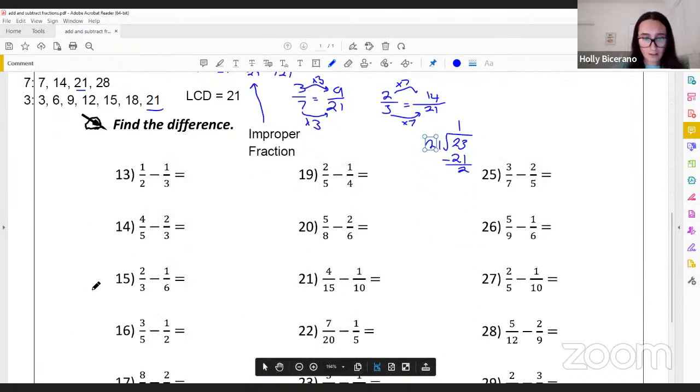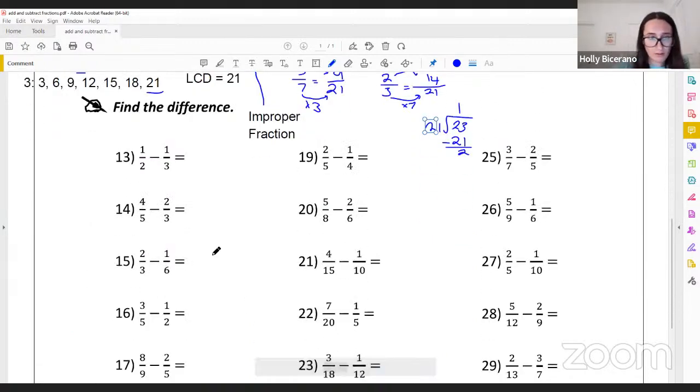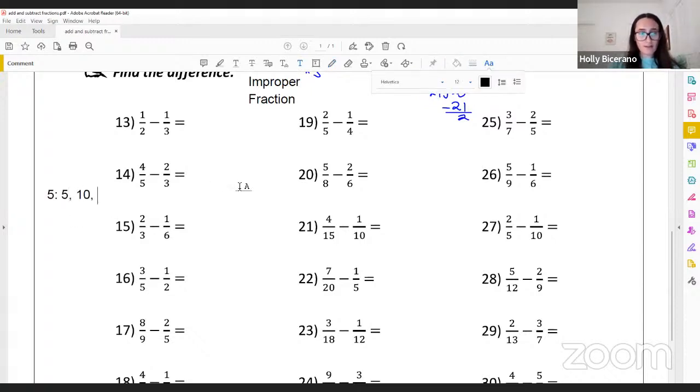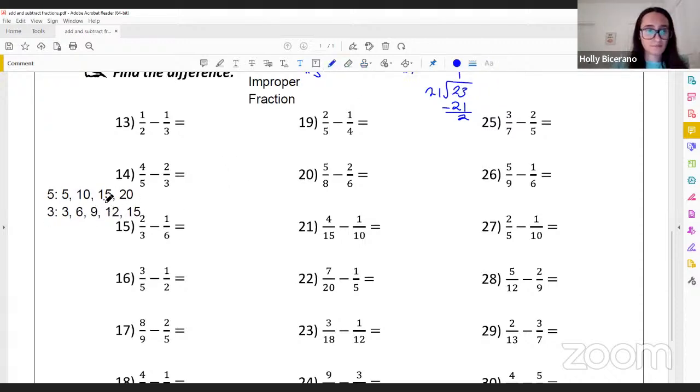Let's go ahead and do number 14. So LCD, let's write out the multiples of 5 and 3. So 5 is 5, 10, 15, 20, etc. 3 is 3, 6, 9, 12, 15. 15 is a match. So the LCD is 15.